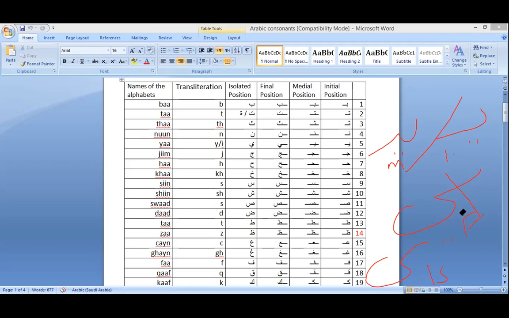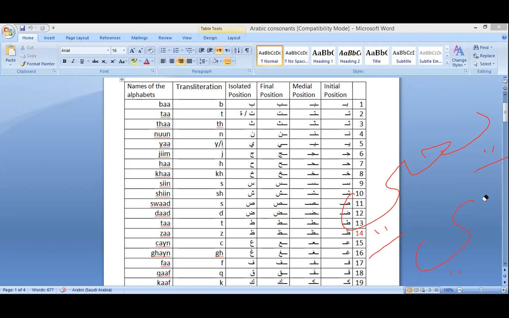Well, they do, because let me write this. For example, if you write, this is your initial and this is your final and this is your isolated, right?